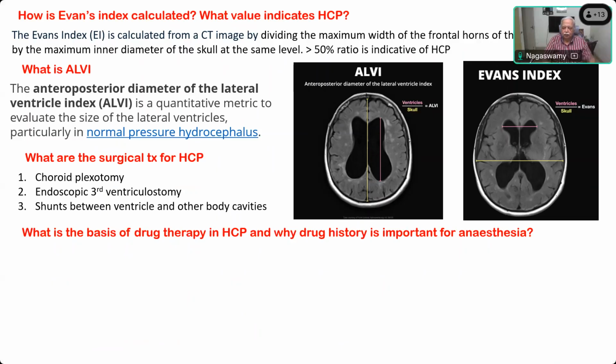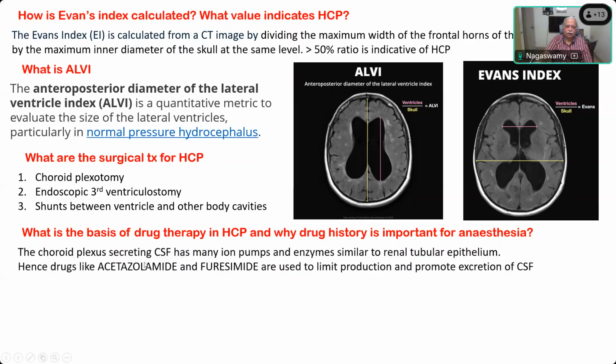But what made them think of using these two drugs in this condition? Is there any other tissue or any organ which responds to these drugs in our body? Kidney. So this is the renal usage. The choroid plexus secreting CSF has many ion pumps and enzymes similar to renal tubular epithelium.